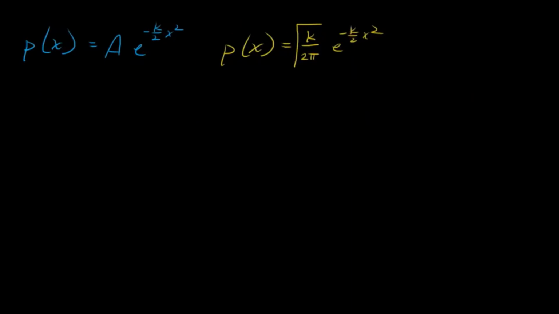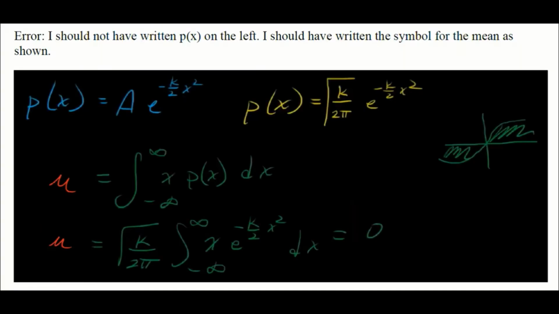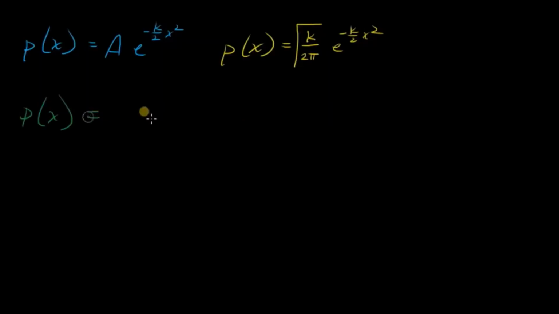So our standard formula for expected value, the mean, is simply negative infinity to pi.